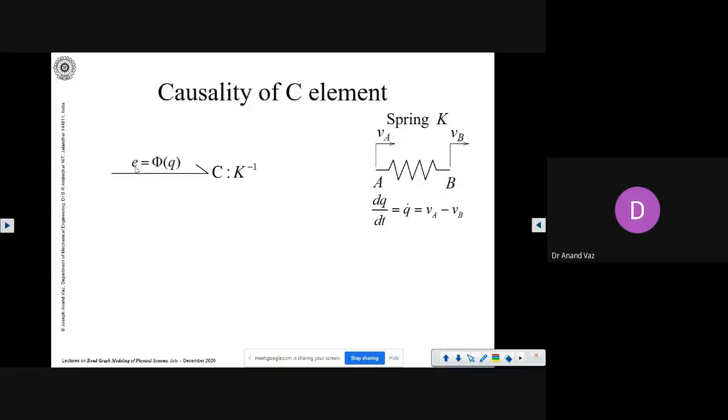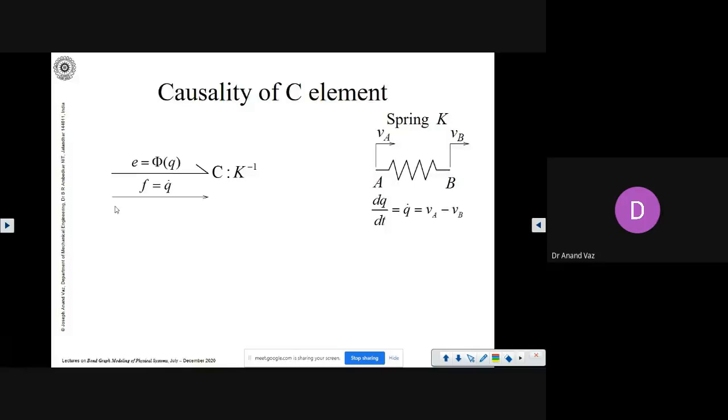We have an effort which is a function of Q. And you know in simple mechanics that for a linear spring, the force produced is directly proportional to the deformation of the spring. And we have the flow associated with the spring as Q dot, the rate of change of the deformation. So these two variables are the power variables associated with the spring.